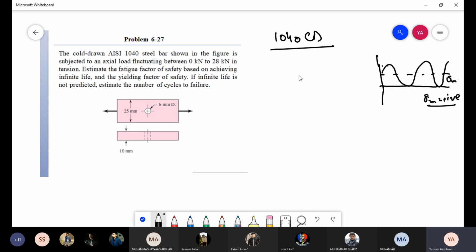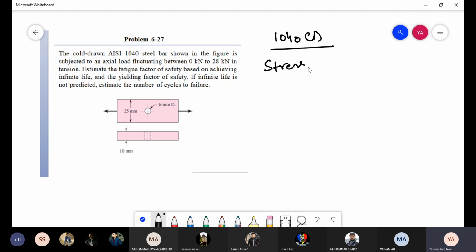So we can start with, let's start with the stress part. So stress is obviously F over A, but because there is a stress concentration region, we would be targeting that. So first we would need the fatigue safety factor.